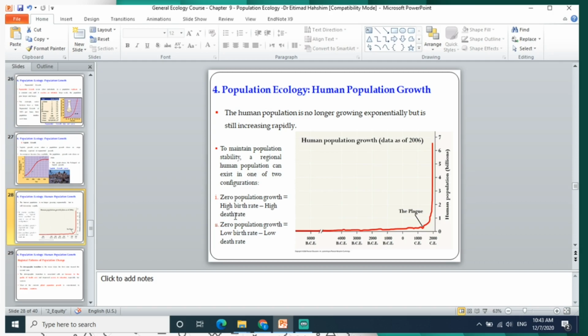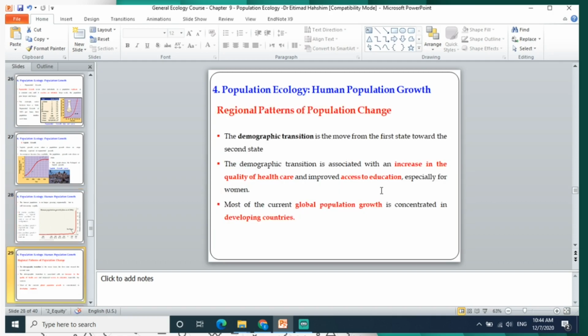But we can also have zero population growth if we have a low birth rate and a low death rate, because when we subtract the two, it gives zero. So zero population growth at a high birth rate is accompanied by a high death rate, and a low birth rate is accompanied by a low death rate.